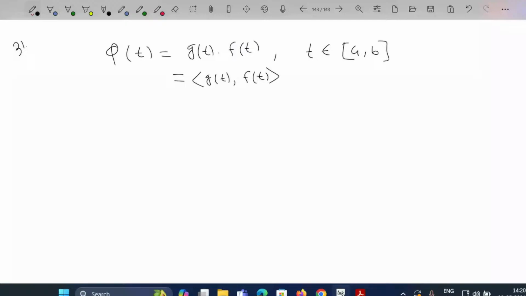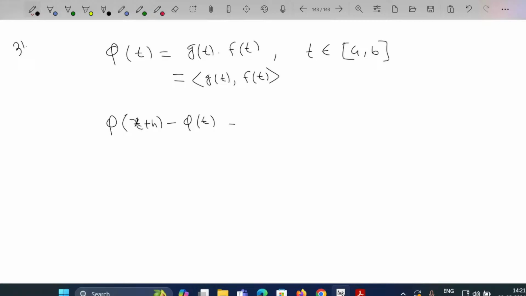How to show? So calculate phi of t plus h minus phi of t. Then take the limit as h tends to 0. So what is phi of t plus h minus phi of t?